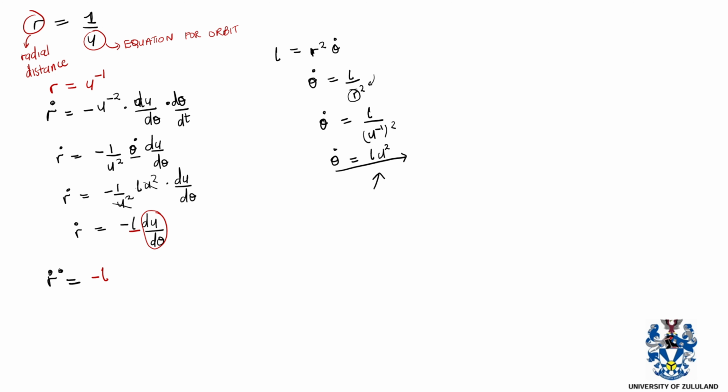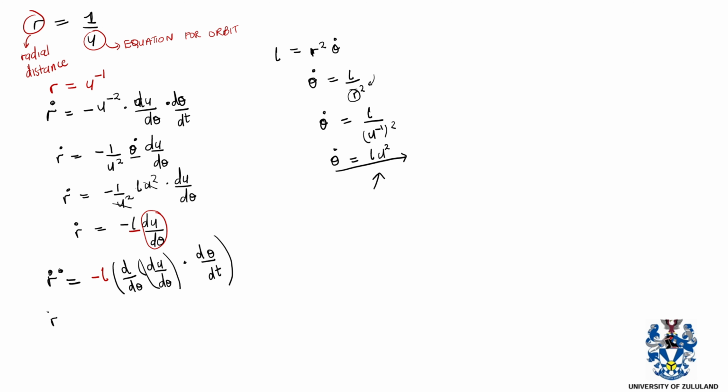So we're going to say this is going to be the derivative with respect to theta of du d theta, multiplied by the derivative of theta with respect to time.